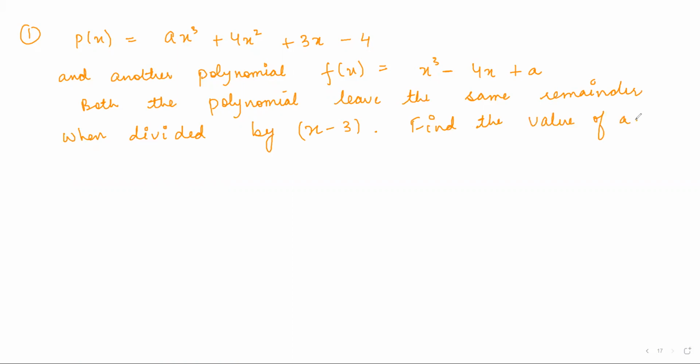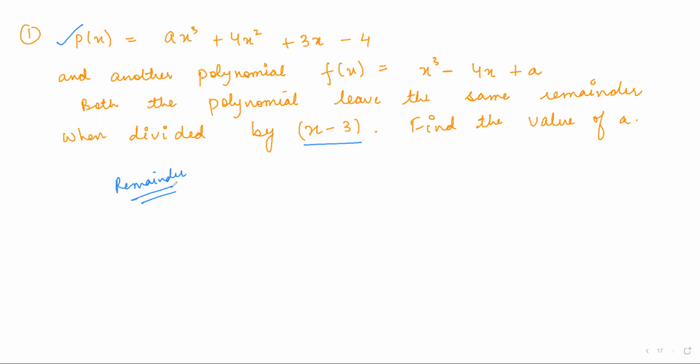Do you think you can do it? See, this is very simple. Just don't panic. Look here. This is one polynomial, right? You are dividing this thing by x minus 3, right? So find the remainder by the remainder theorem.